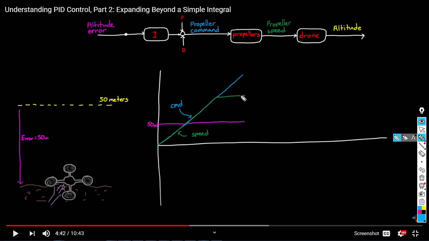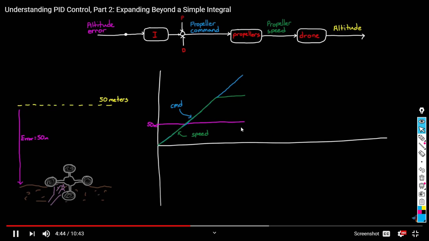Then it will saturate. Assuming it's 1000 RPM, it cannot provide more than 1000. You keep increasing because the error is still here. As an integrator, you don't see that the controller is saturating. We don't see it.